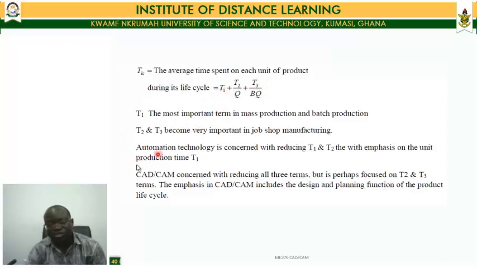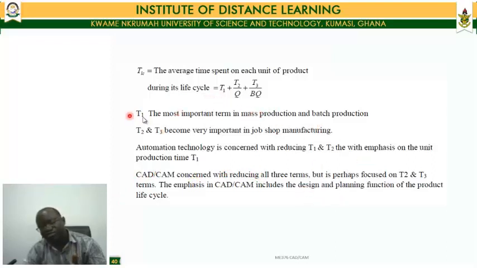Okay, so if you look at automation, automation will be concerned with these two times, T1 and T2. Automation will help you to produce one batch quicker, T1, and also if you involve automation, the setup time can be shortened. However, if you look at CAD/CAM systems, they are concerned with reducing all three.